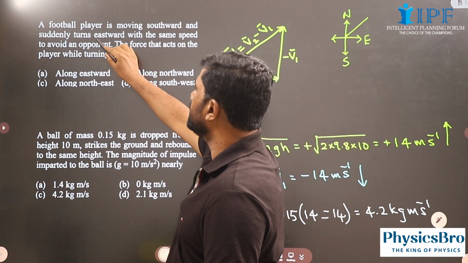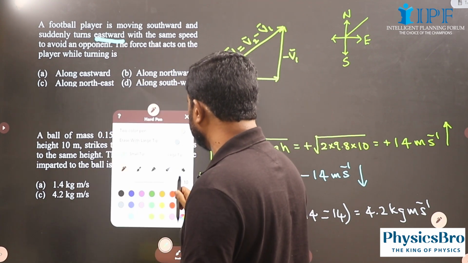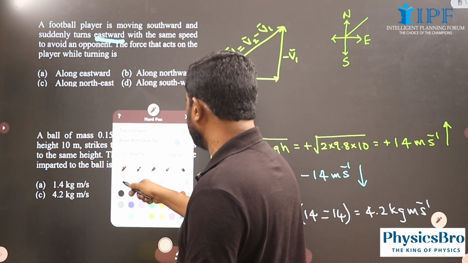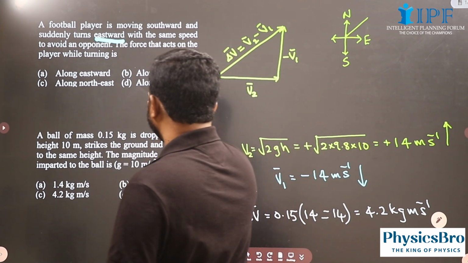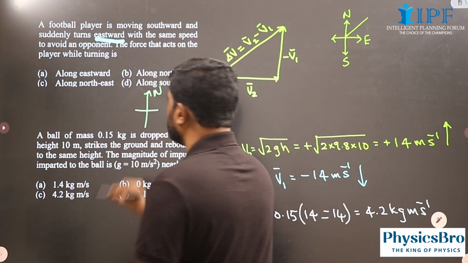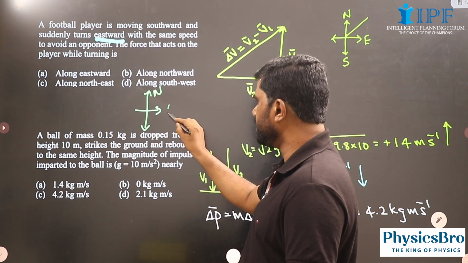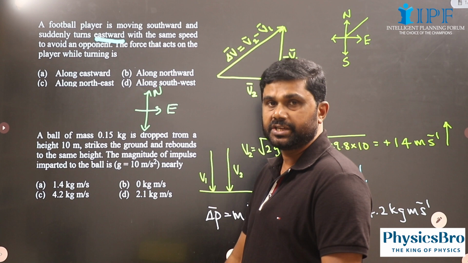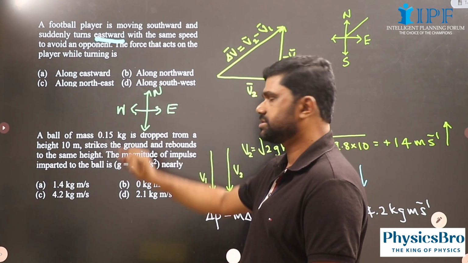Suddenly he turns eastward, so the final velocity is directed due east. This is due north, this is due south, this will be due east, and this is due west.